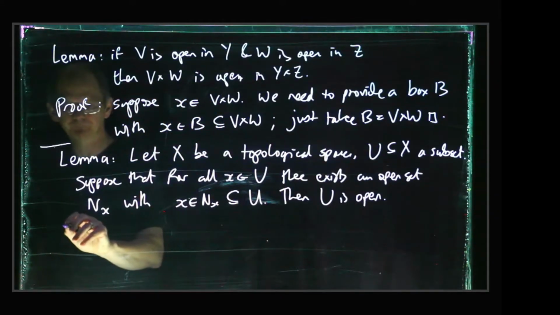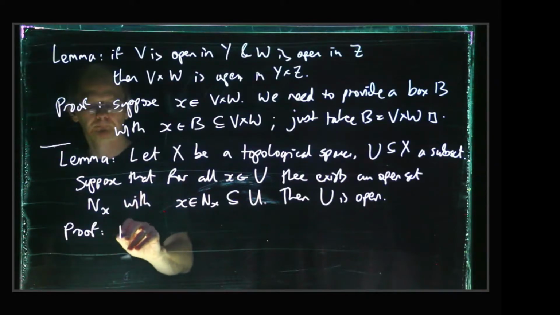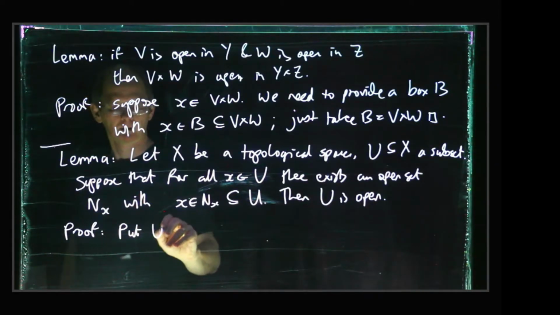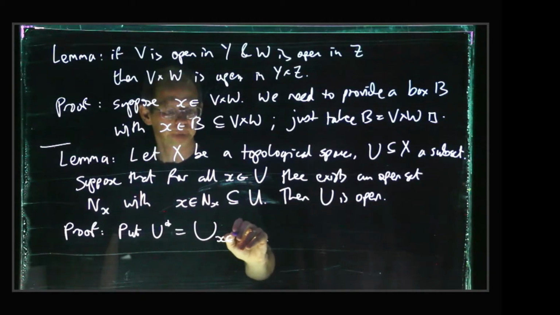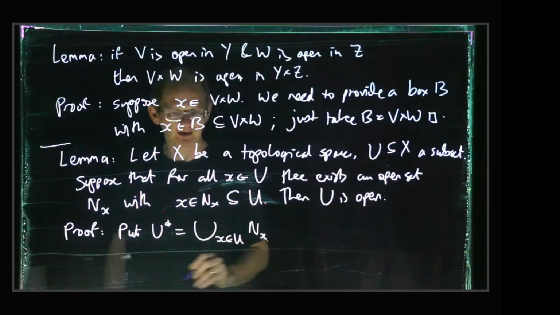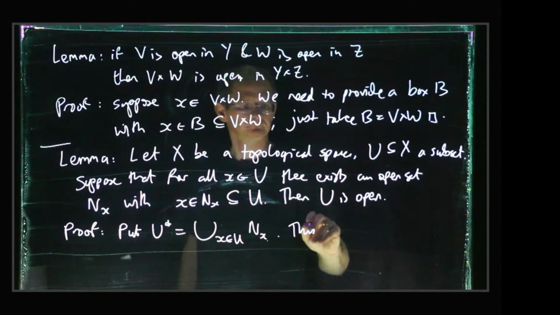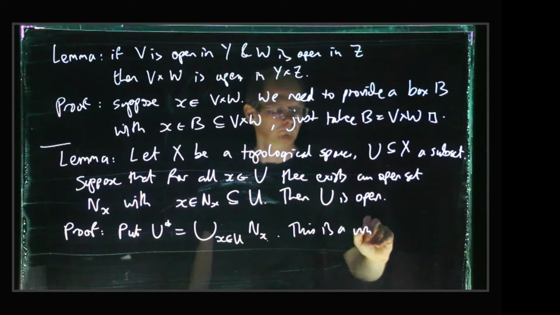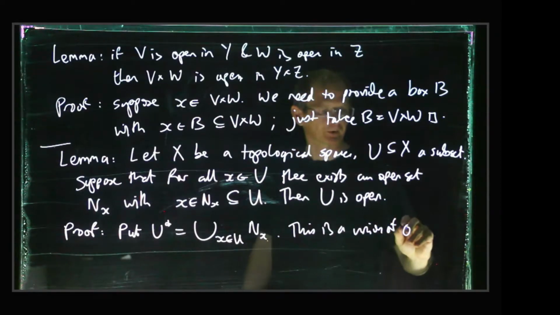And for the proof, I'm going to put U star as the union over X in U of N_X, the union of all these sets. So that's a union of open sets, therefore it's open.